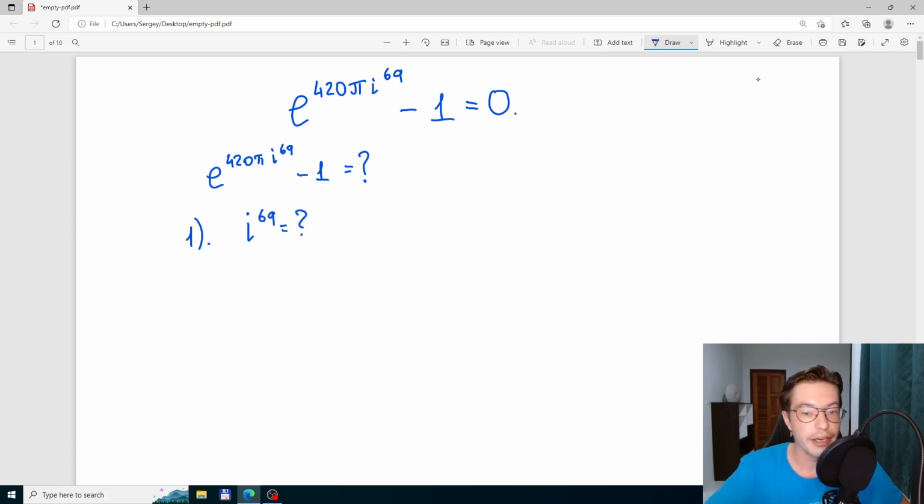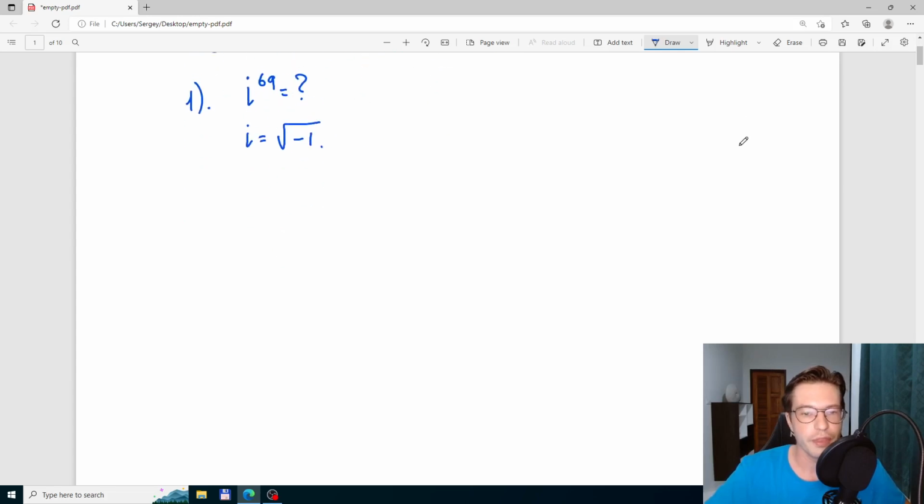Now, what is I? I is the imaginary number, and I equals the square root of minus 1. Okay, so what happens if we raise I to the power of 2? That means we have to raise the square root of minus 1 to the power of 2, which is minus 1.